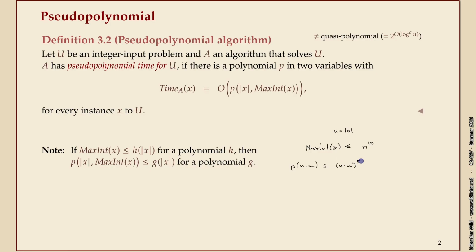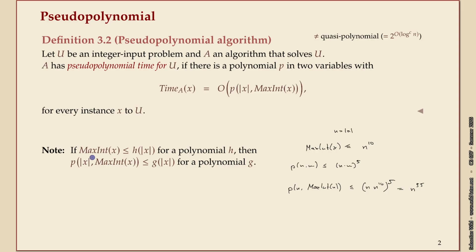Then if you insert this for m, n times n to the 10th to the 5th is a lot, but it's not infinite. It's n to the 55. N to the power 55 is not a running time that we would like for any practical algorithm, but it's polynomial. What I'm saying here is, if you insert one polynomial into another polynomial as one of its variables, it remains a polynomial, just of different degree.